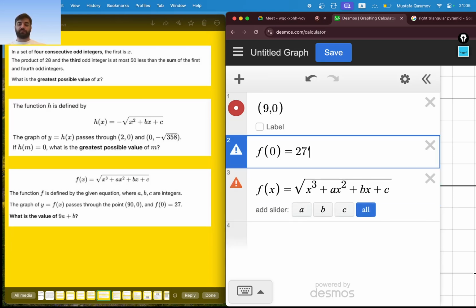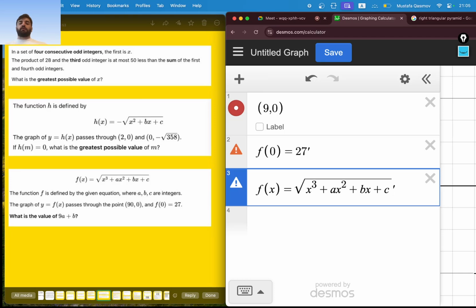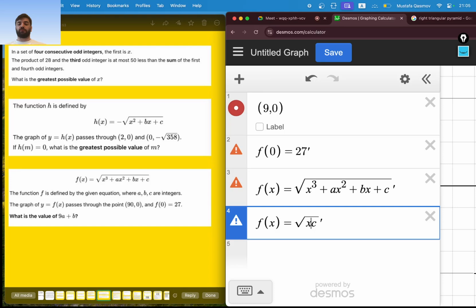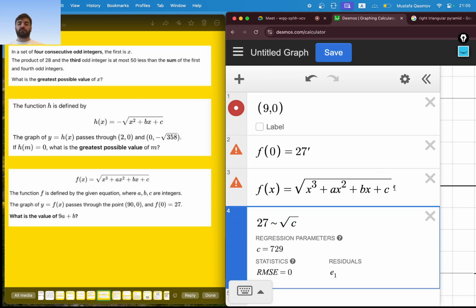Like that. So when you write 27 here, it will be like this. When you write 0, it will be 0, 0, another 0, and we will have only c. And it will be 27, and from here c will be equal to 729. Let's put it here.